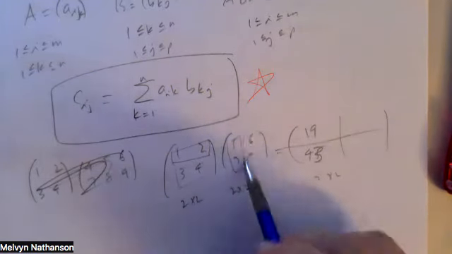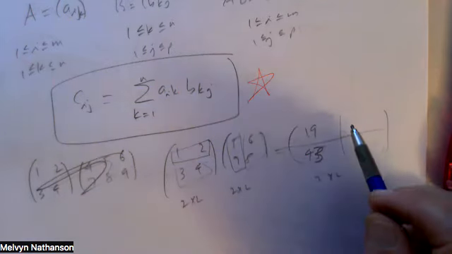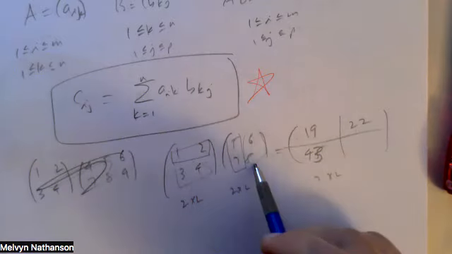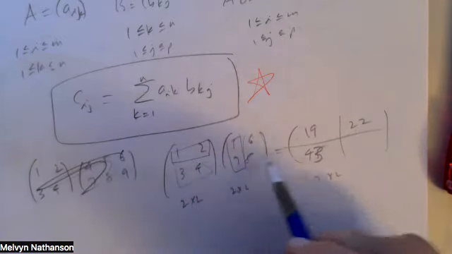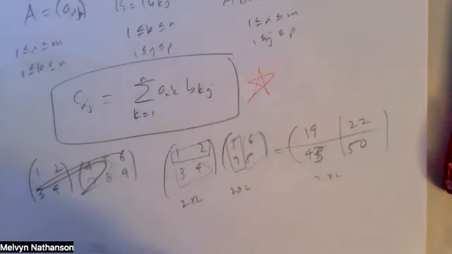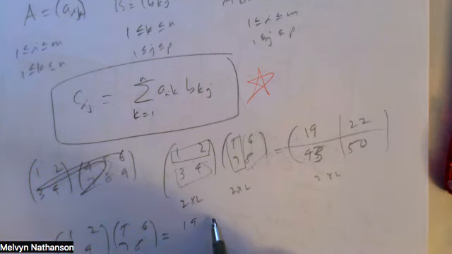First row, second column, 1 times 6 plus 2 times 8, 6 plus 16 is 22. Second row, second column, 18 plus 32 is 50. So 1, 2, 3, 4 times 5, 6, 7, 8. The product is the matrix 19, 22, 43, 50.